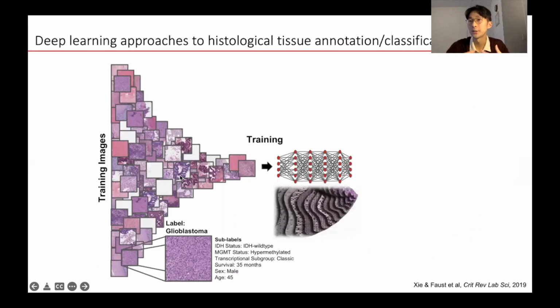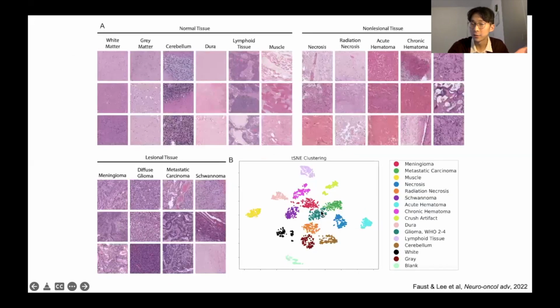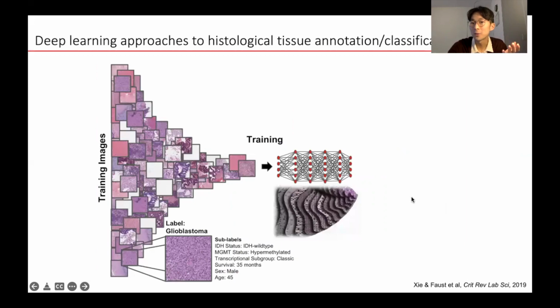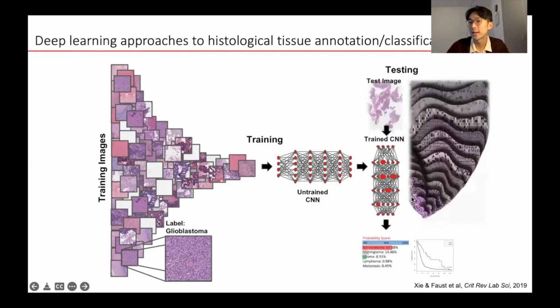And using tiles of these different images, different classes essentially, training images, we would be able to train a convolutional neural network, which takes these images, learns them from different labels such as glioblastoma, glioma, white matter, gray matter, the 16 classes I've shown here. And after the training is done, we would test it in order to verify that it's working as intended.